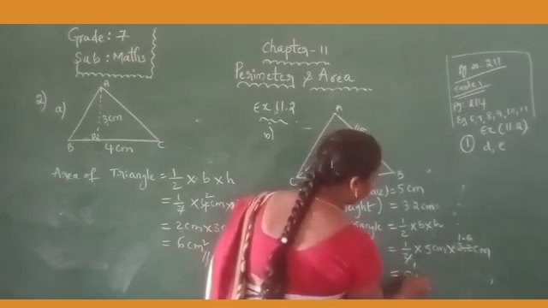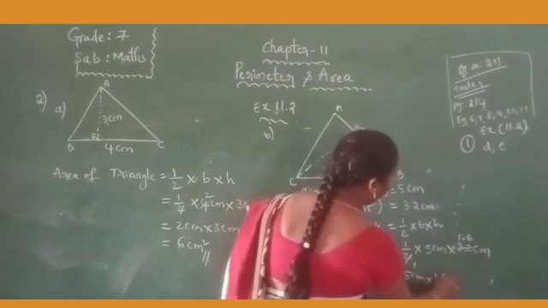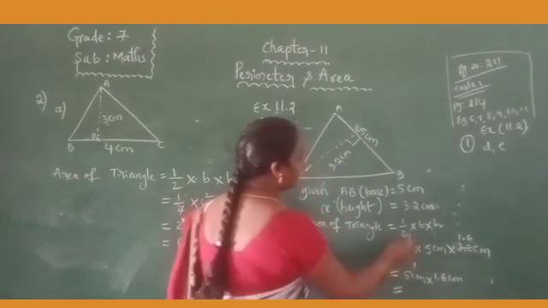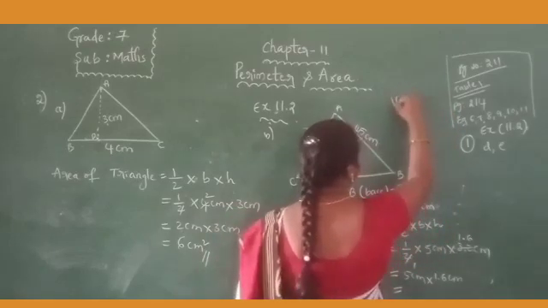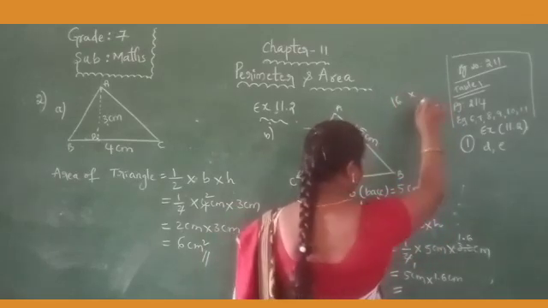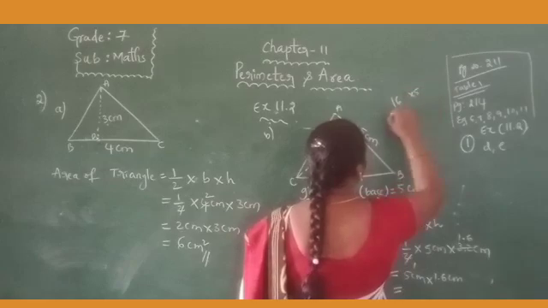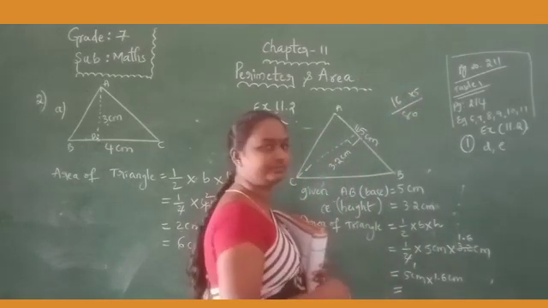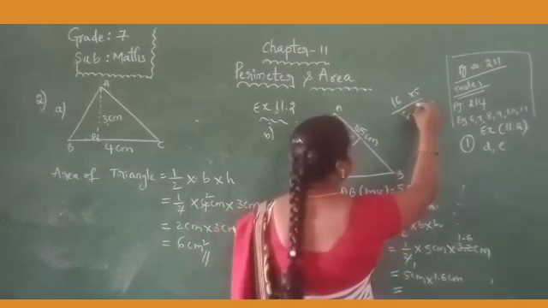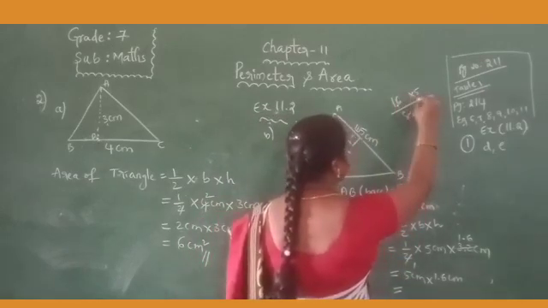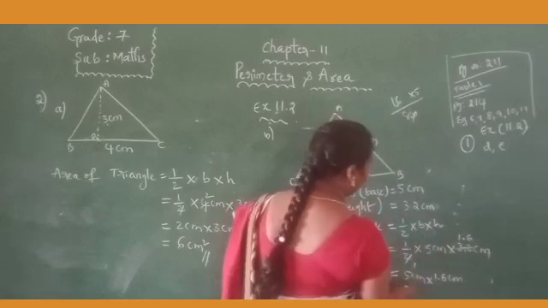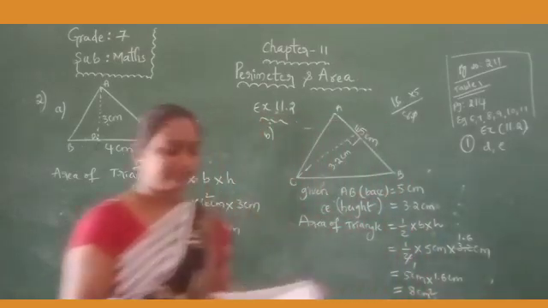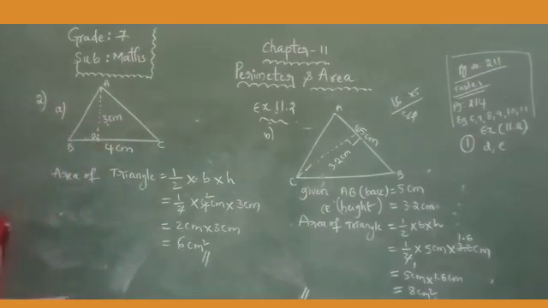That is 5 centimeters into 1.6 centimeters. Without considering the decimal point, 16 5s are 80. Then with the decimal point, 1.6 into 5 is 8. It is equal to 8 centimeter square. So that is the area of the triangle.